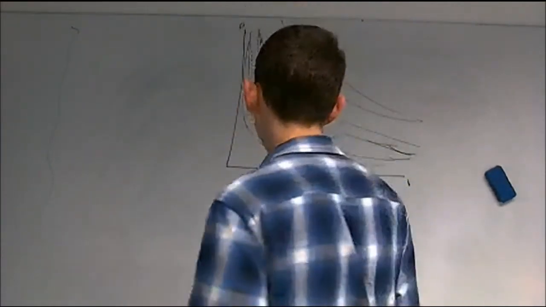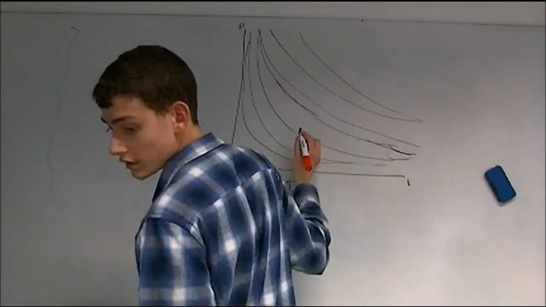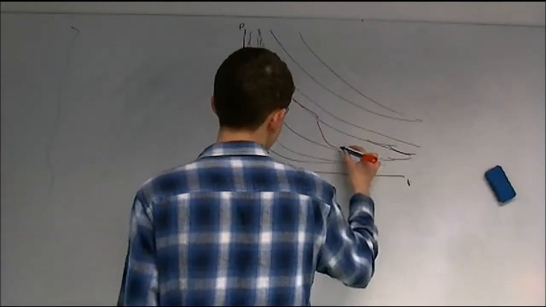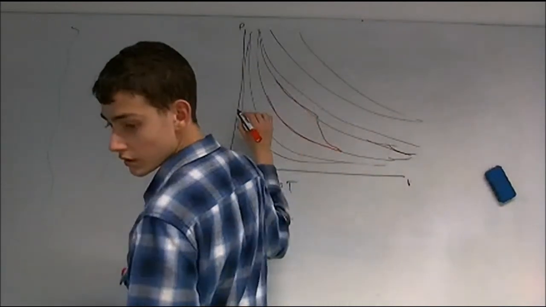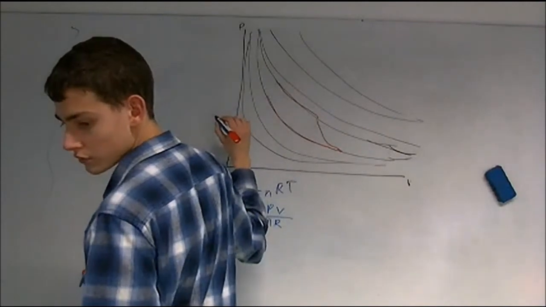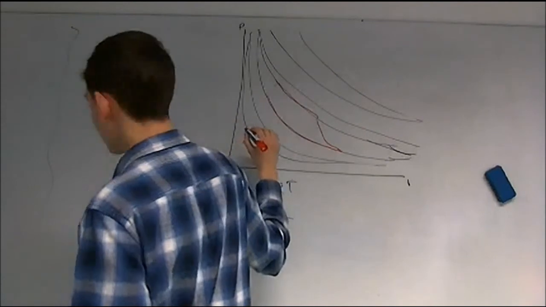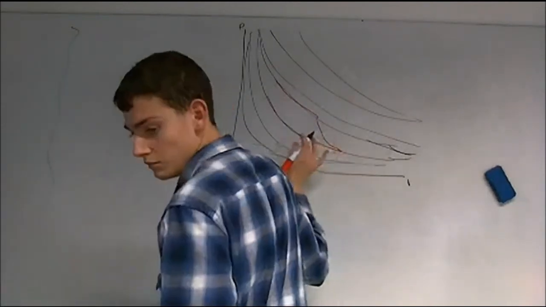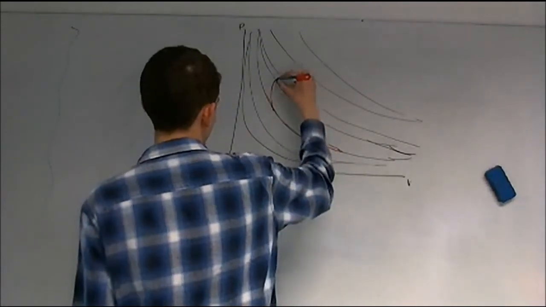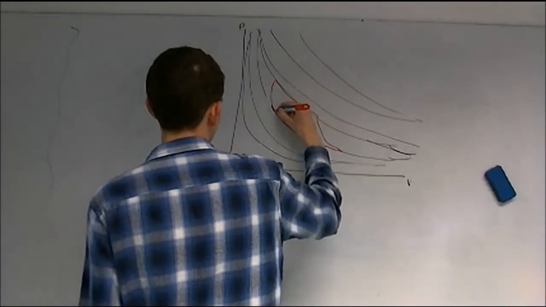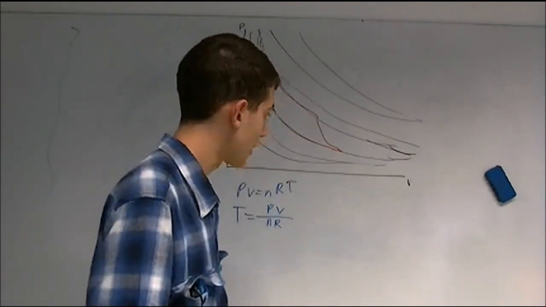So Carnot cycle is we move along an isotherm, and then we switch isotherms, and then we move back up, and then we switch back, right? And that's like an adiabatic thing.